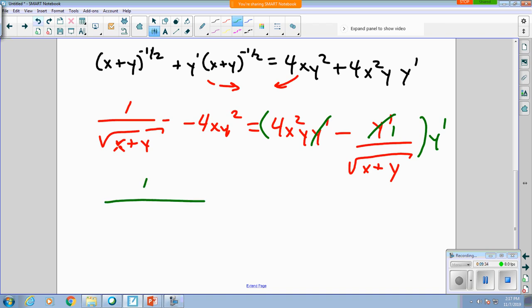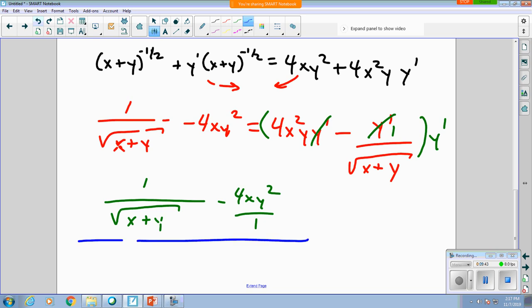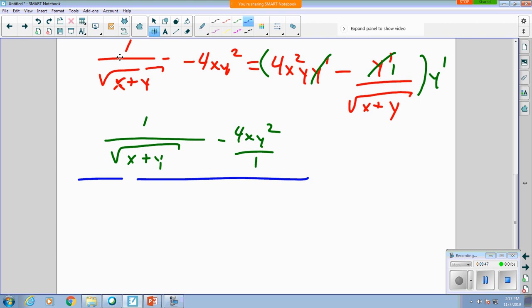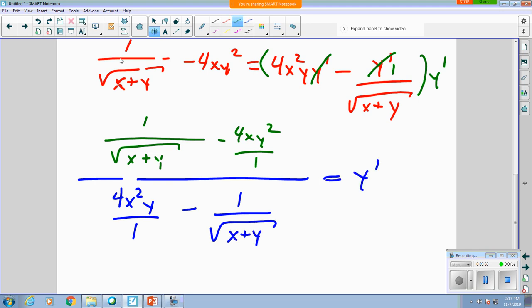So it's 1 over the square root of x plus y minus 4xy squared over 1 divided by the other side, which is 4x squared y over 1, minus 1 over the square root of x plus y. Now, students get desperate. Don't get desperate. Don't start doing stupid stuff like this. They're not the same. They're sums, you can't cancel. You just got to drag your feet and live with it.